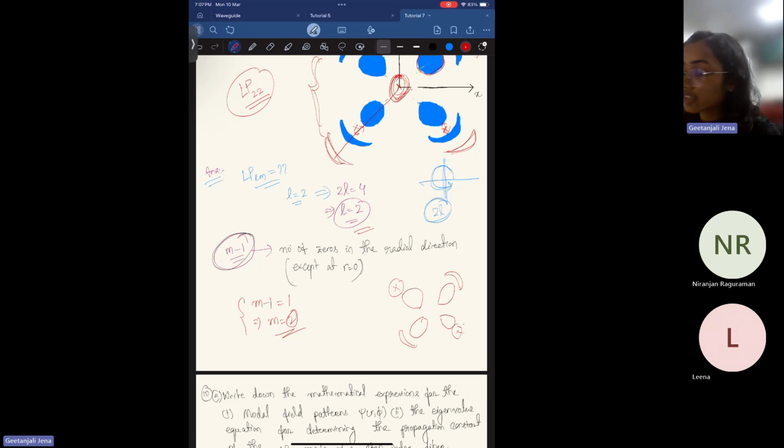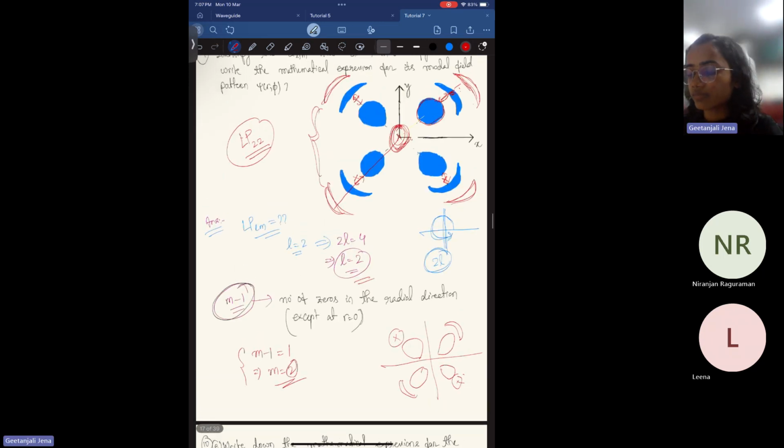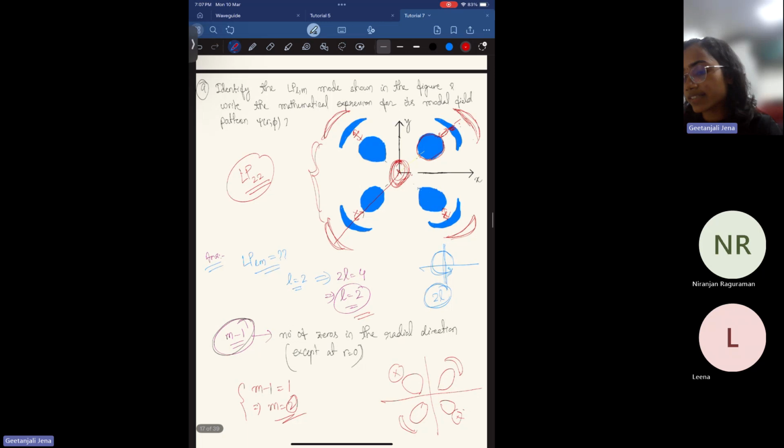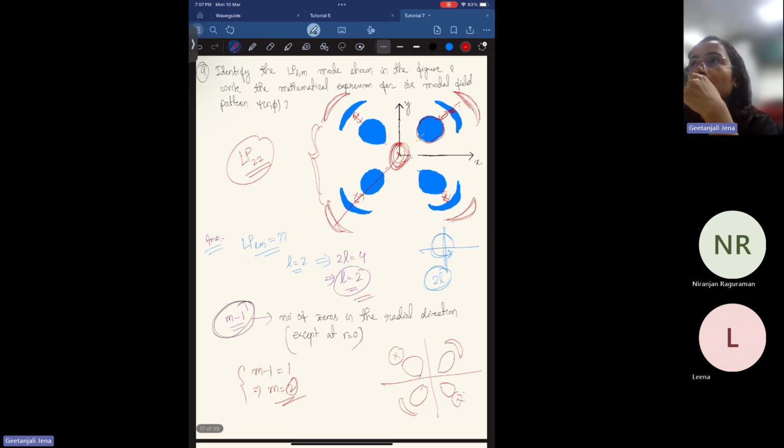I don't think this will be the case, because the modes that are allowed are solutions of Maxwell's equations, so they interfere with each other to give this kind of profile. These modes will always be symmetric.